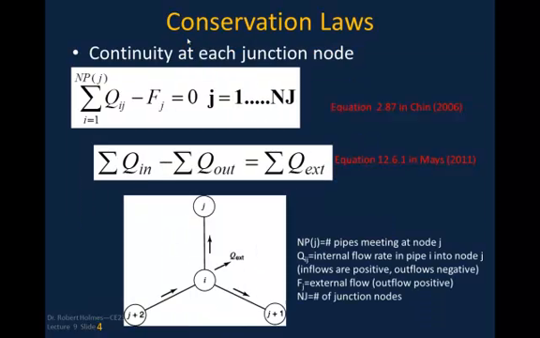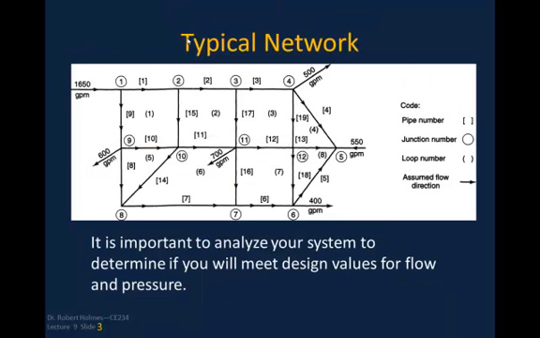In order to solve these problems, we're going to look at the conservation laws, and essentially we're going to note the conservation at each junction node. If we look at this network here, this intersection of these four pipes here at node 10, that's called a node.